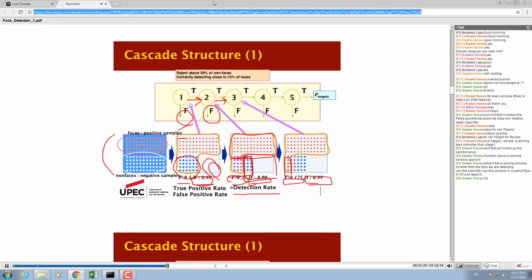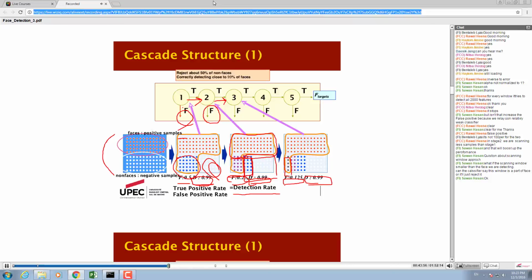If the window was a face, it will go to stage 1, pass to stages 2, 3, 4, 5, and survive to the last one. So finally we can say, yes, this is a face.